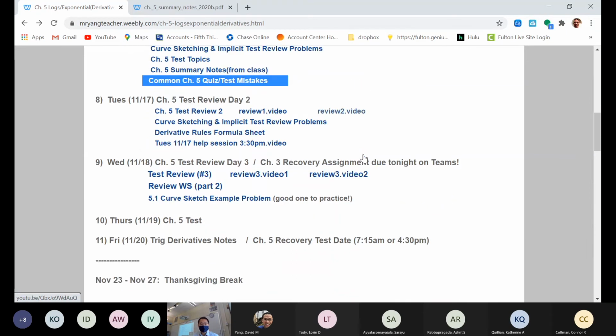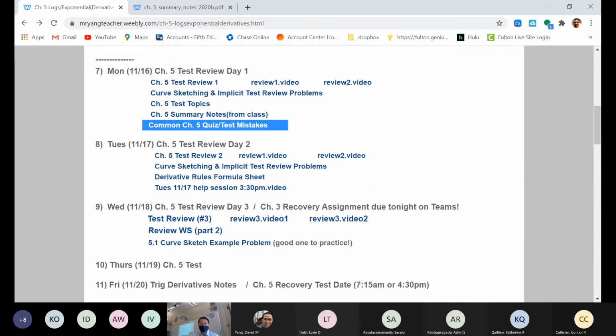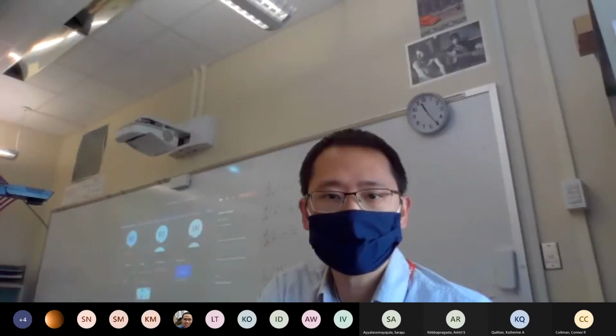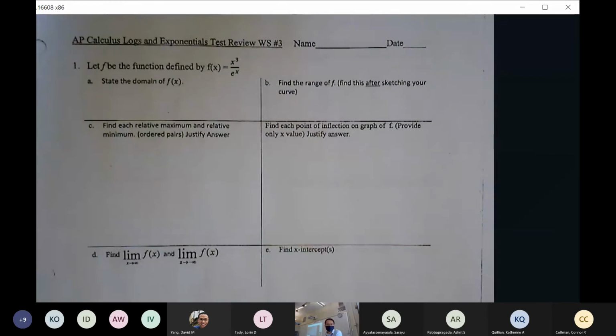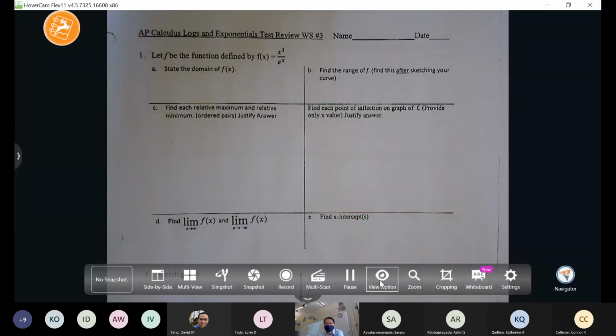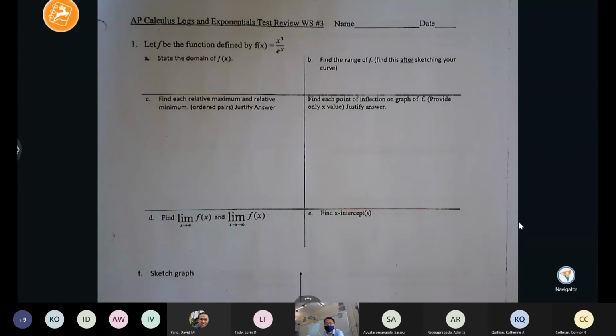Okay, so let's go to worksheet 3. We have a function defined by x cubed over e to the x.